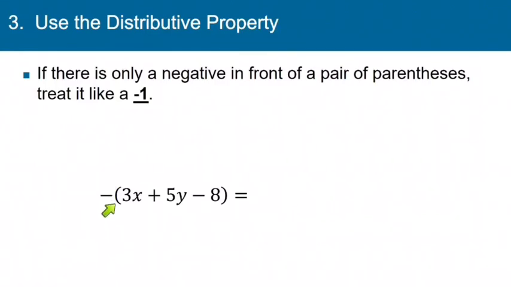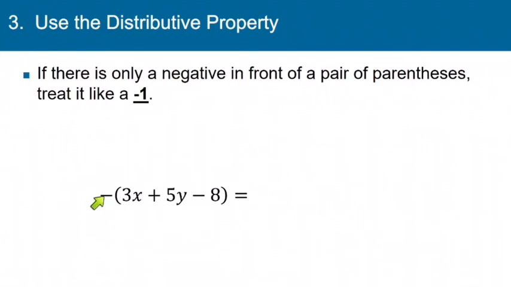Now, you don't actually have to write the 1 here, but if it helps, you can do that. I like to just leave it like that and mentally multiply each piece times -1. Now, what happens when you multiply a number times -1 is it stays the same number, it just changes its sign. And on pluses and minuses, what that ends up doing is just changing each operation to the other.